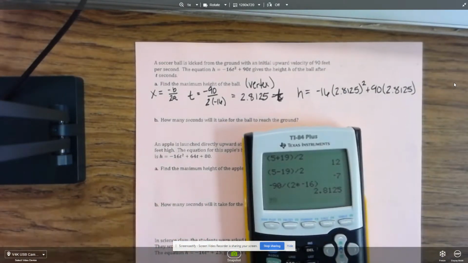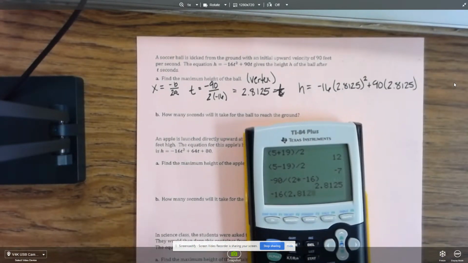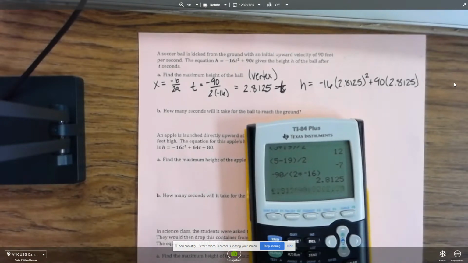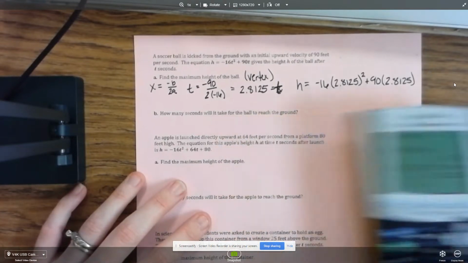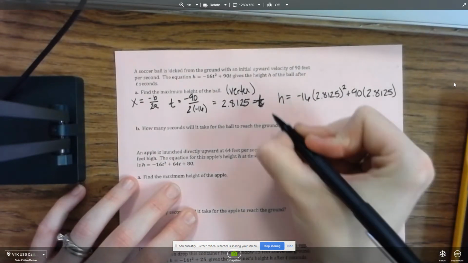And so I have negative 16 squared plus 90. And I get 126, and this one will round.